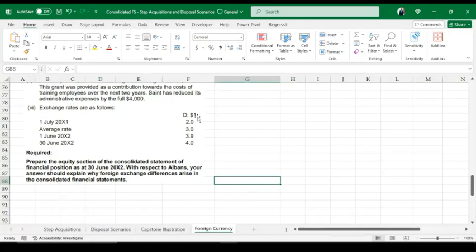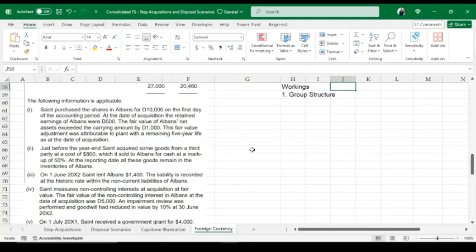And since the dollar is stronger than the D, we need to divide the amount of D in order to get the stronger amount in dollars. So every amount of Alban is going to be divided by the exchange rate to get our dollar amount, since we are translating from a weaker currency into a stronger currency. So we need to divide it.